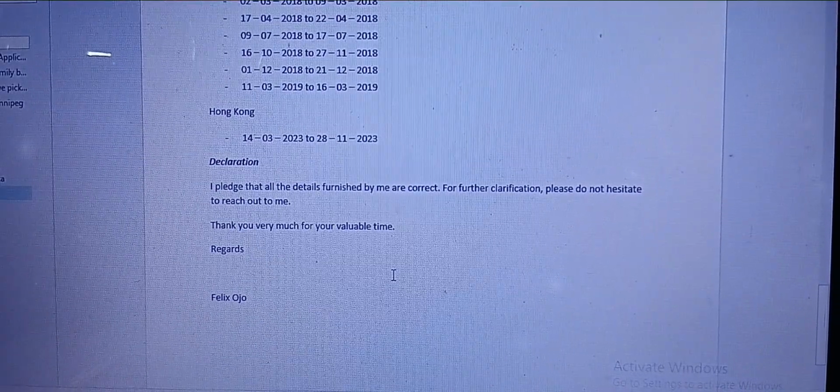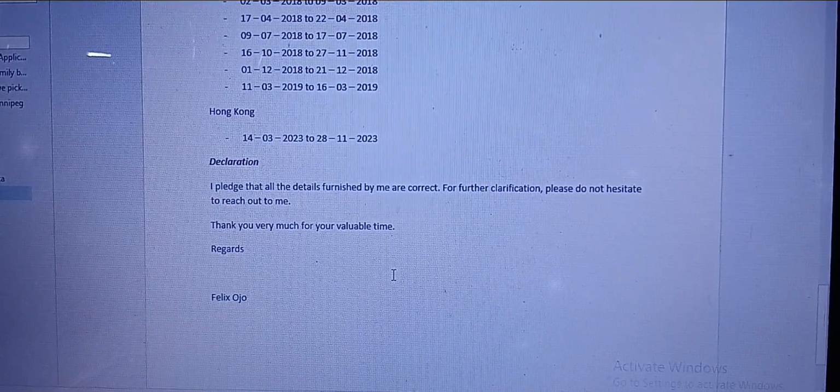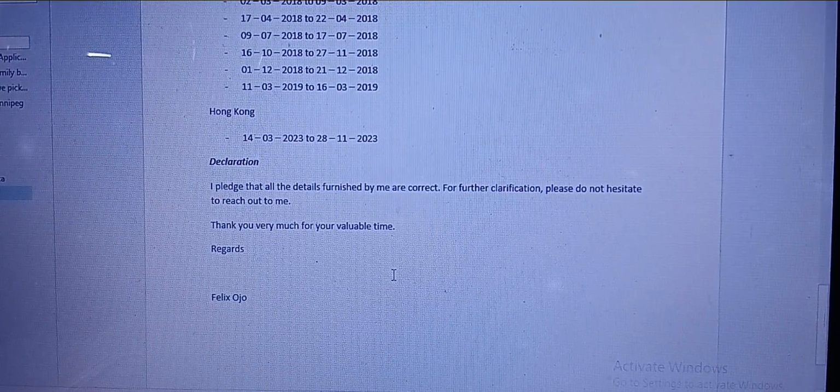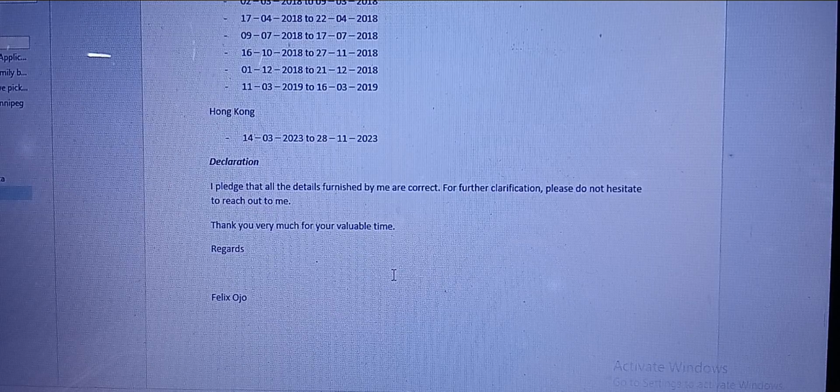That is where you pledge that you will return to your home country, and also tell them to contact you for further verification if necessary. And you end it with thank you very much for your valuable time. Regards. That is it.